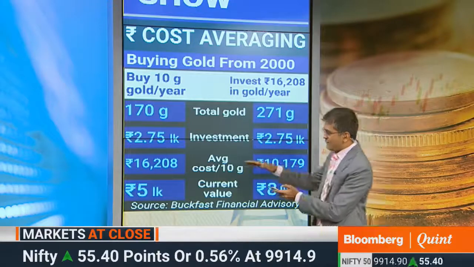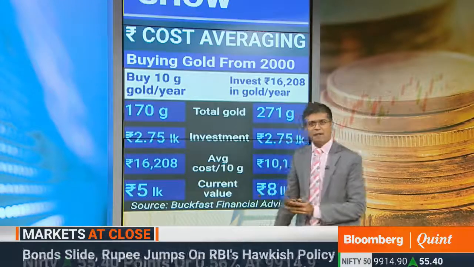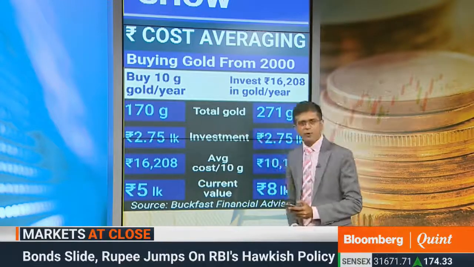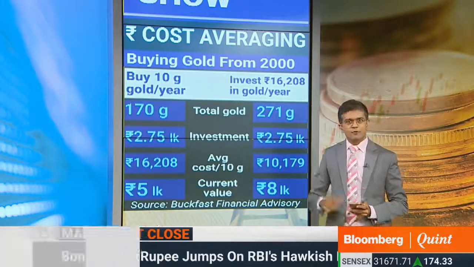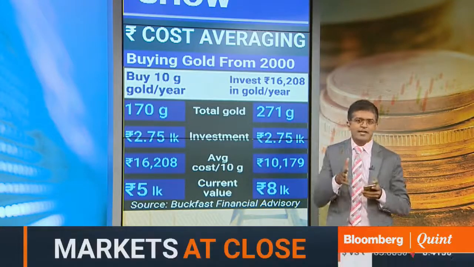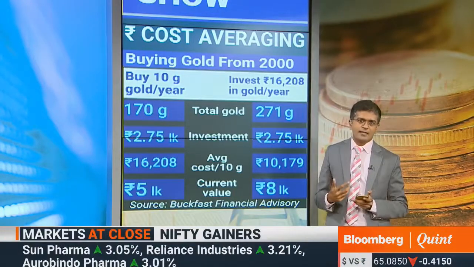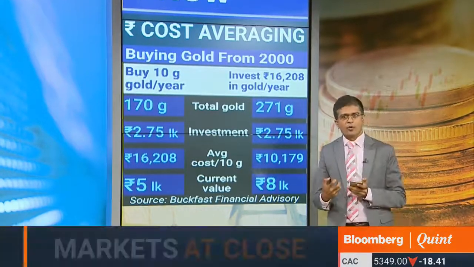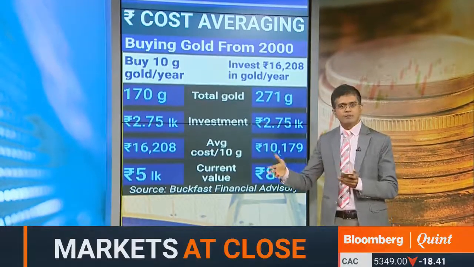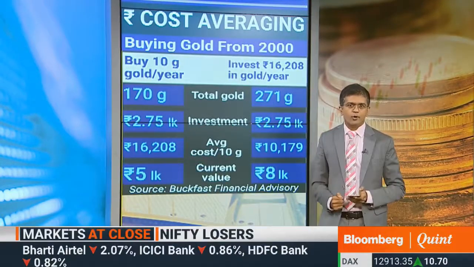Substantially lower than the average cost of 16,208 if you actually ended up buying 10 grams of gold. What does this tell you? If you indeed indulge in systematic investing, as magical as it sounds, it could result in you reducing your costs or increasing your returns, or actually, both.